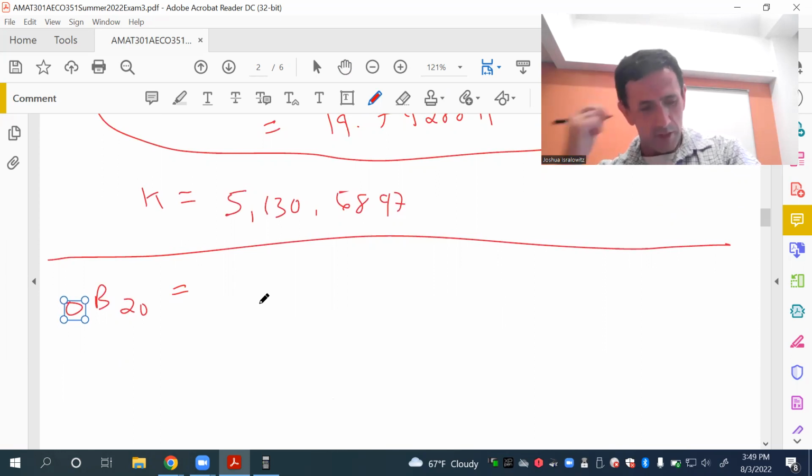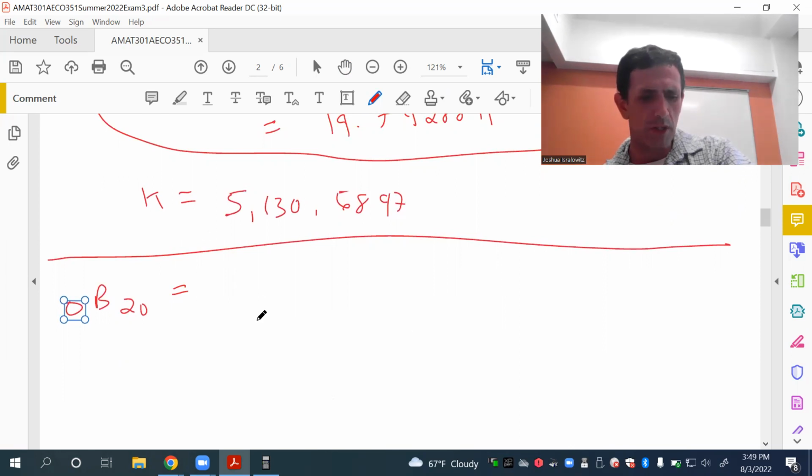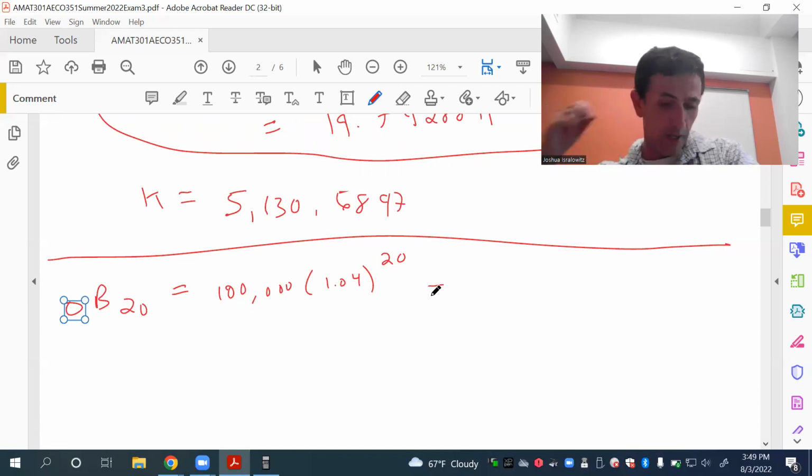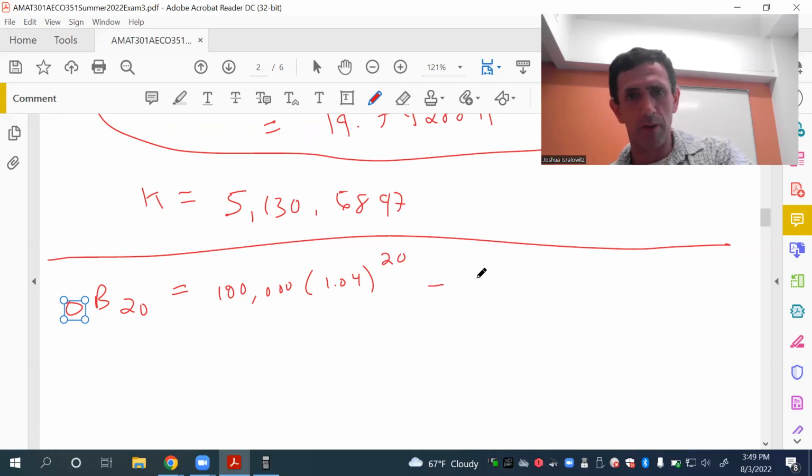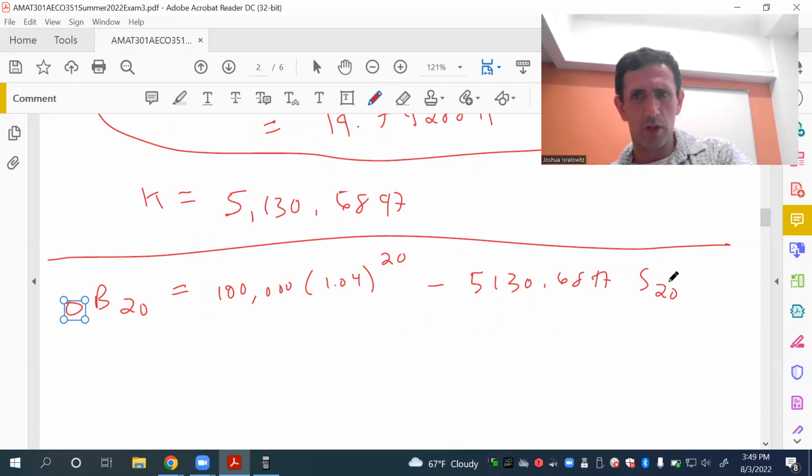But you do have constant payment and constant interest for the first 20 years, so we can use the other formula. 100,000 is the loan amount times 1.04, the interest rate, to the 20th. That's the loan value after 20 years, minus the time value of your payments, 5130.69 times S20 at 4%.